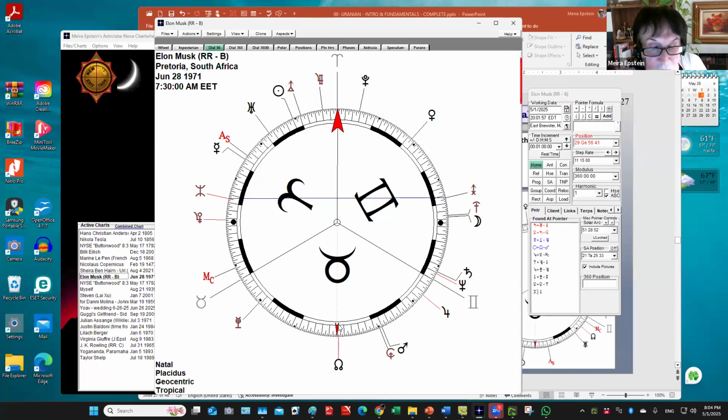I will try to minimize all this theory that I'm trying to do too fast because I want to get to the practical side. So I'm focusing on the markings, on the arrows, and on the dots. Now we see that Elon Musk also has Cupido at 22.5, semi-octile with the Aries point. This means that Cupido is connected with the Aries point.